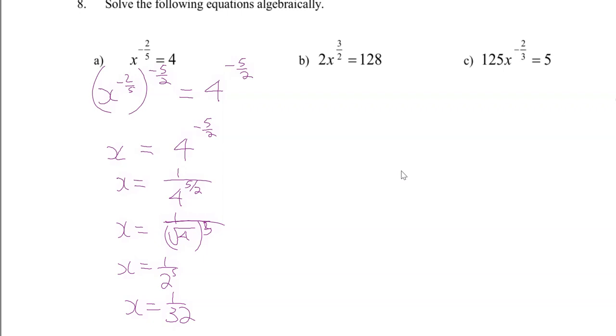Very important in the next one. We don't want to raise it to the power with the 2 on the left-hand side. We want to get rid of this 2. So we're going to divide both sides by 2. Basically, we need to isolate the power. We need to isolate the x to the 3/2.